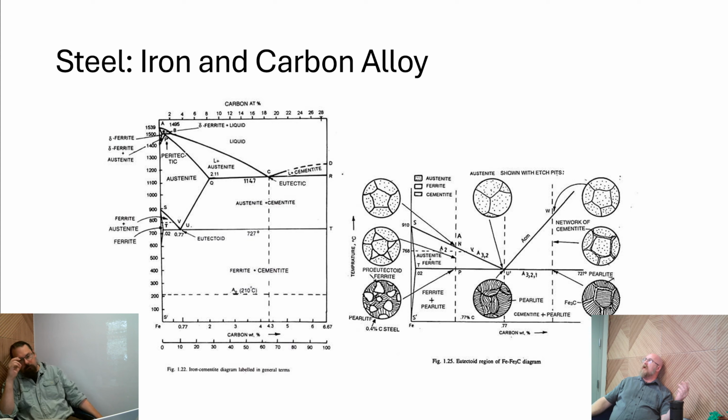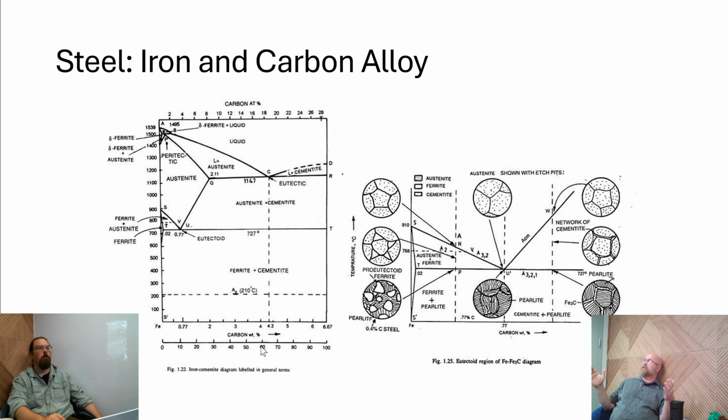So what we've got here is on the bottom axis, you have the percent carbon, because steel is an alloy of iron and carbon. So carbon is along this axis down here. You can see that it's the percent carbon by weight along the bottom there.